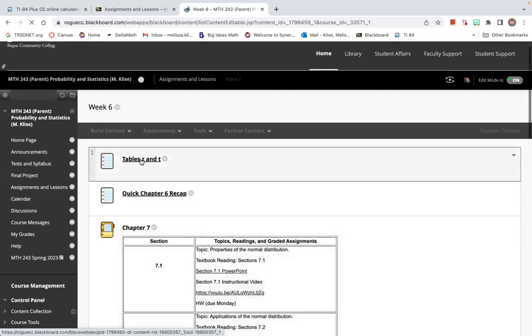We open this. Okay, the first page is the Z table. Ignore the second page for now. We won't need the T table for a couple weeks. Come on, open.